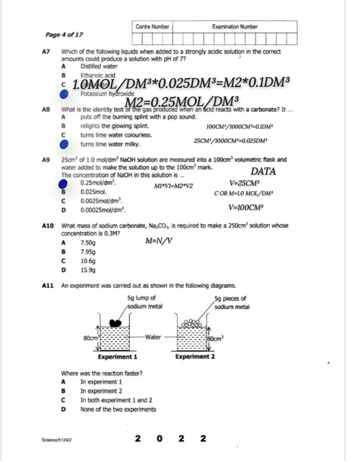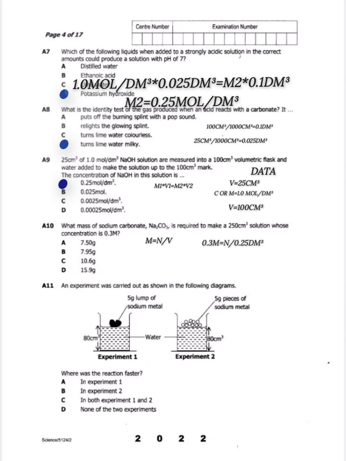Like I was saying, 1 decimeter cube is equal to 1000 centimeters cube. So here let's convert 250 centimeters cube into decimeters. 250 divided by 1000, we are going to get 0.25 decimeter cube.